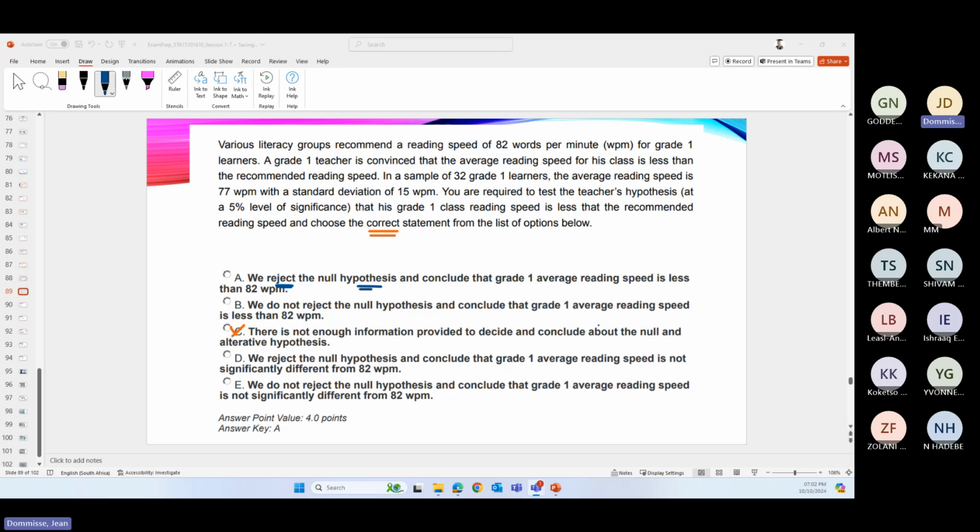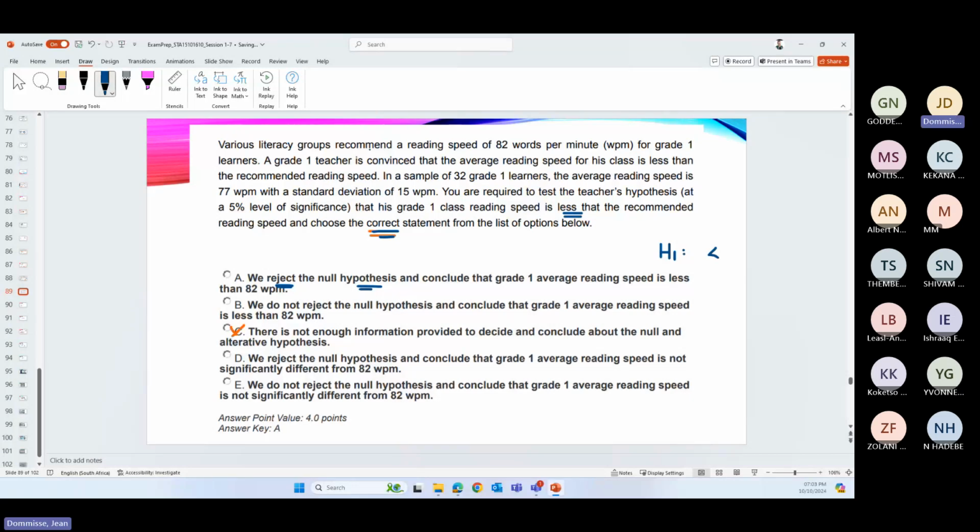Okay, so let's quickly see in this one nearly the same things that they tell us, but I want the correct one, and look at this, that you are required to test the teacher's hypothesis that his grade 1 class reading speed is less than. Okay, so the alternative hypothesis is telling us it's less than. So we would do exactly the same.